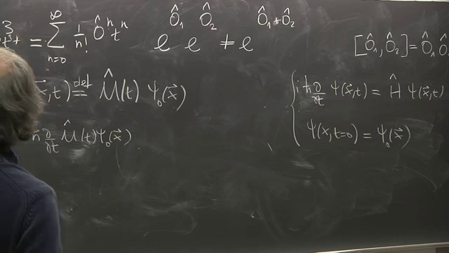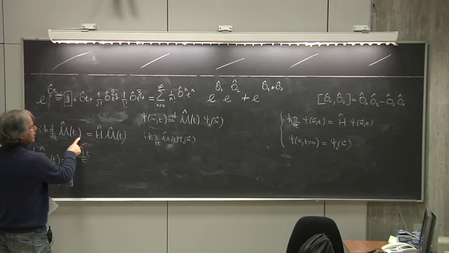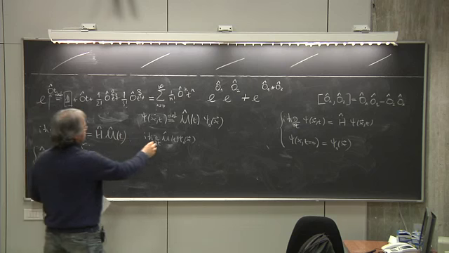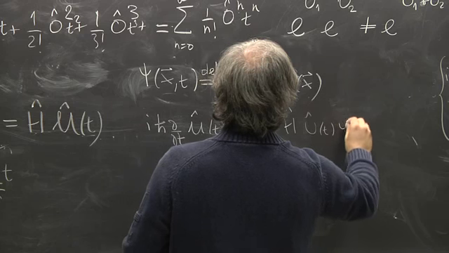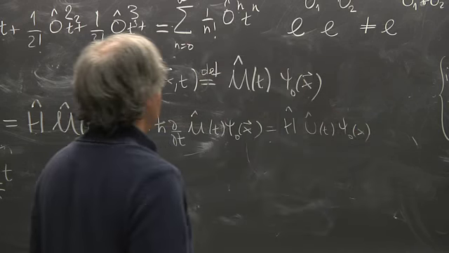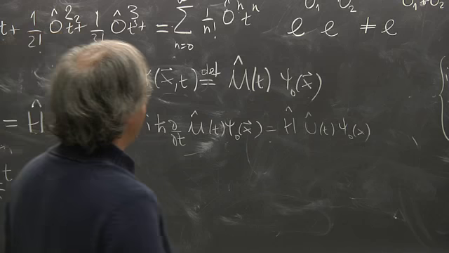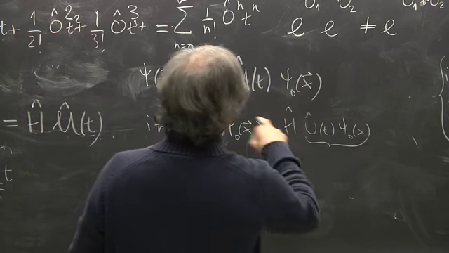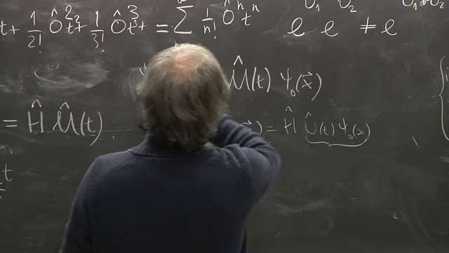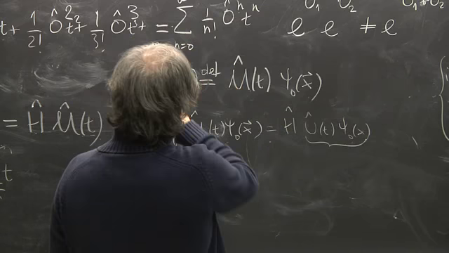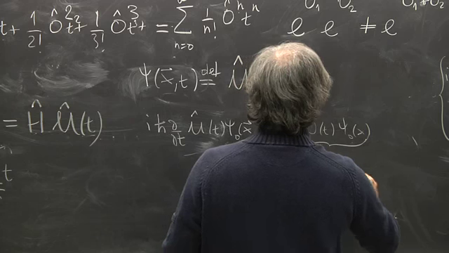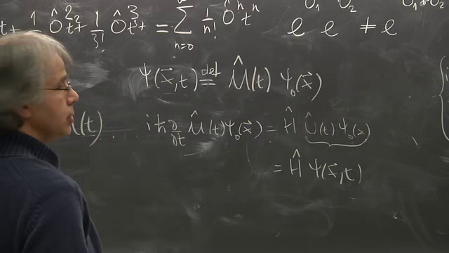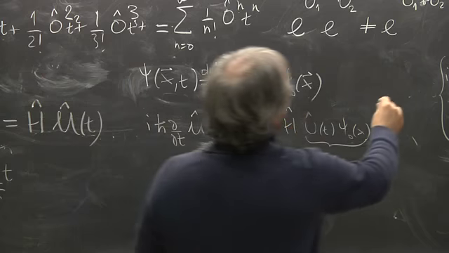Well, I know how much it is. This is simply equal to H U psi 0 of x. But U psi 0 of x, according to my ansatz, is just psi of x and t. So this is also equal to H psi of x and t, which is indeed the Schrodinger equation.